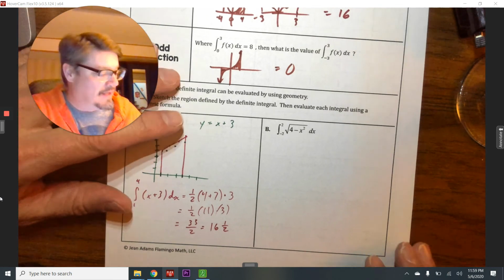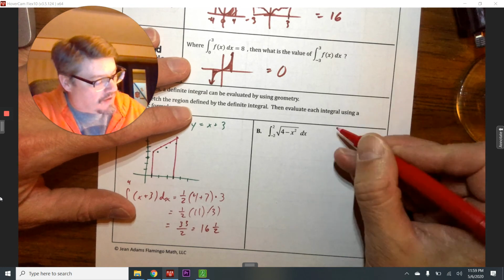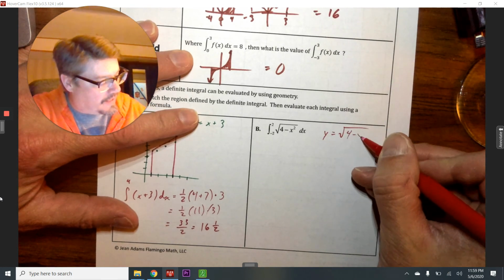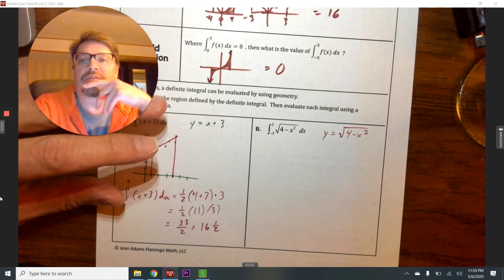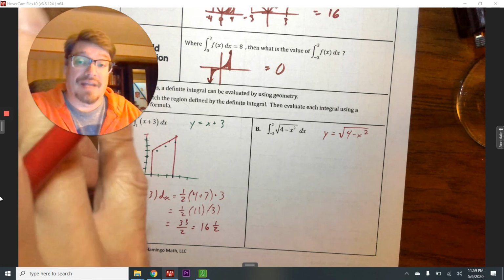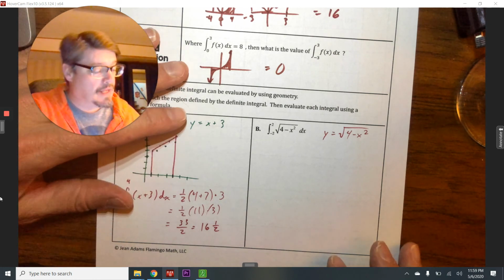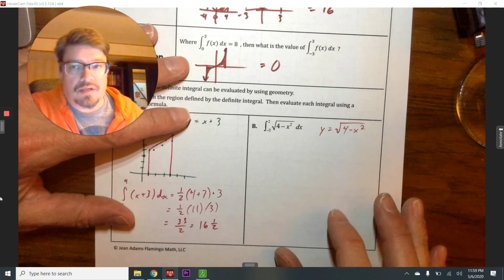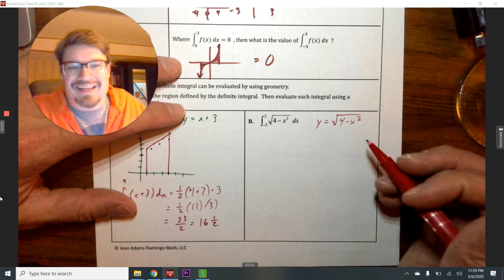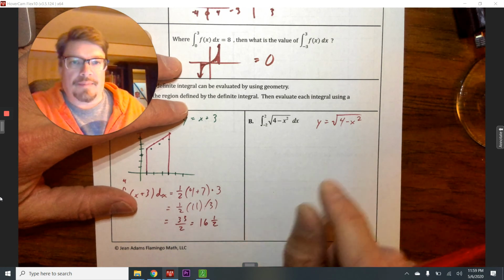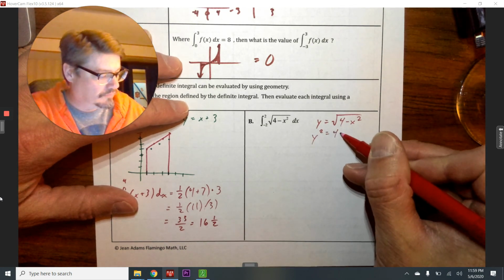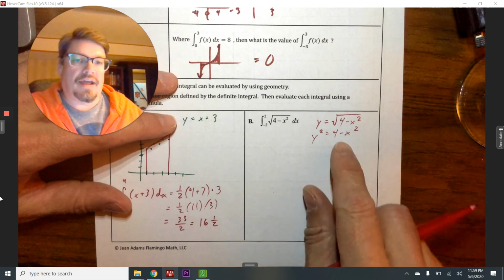Stupid mistakes. All right. So we have a function y equals radical 4 minus x squared. You can just plug it in a table and graph it, go to Desmos and see what it looks like. But I'm actually going to use algebra here. I'm going to square both sides, and when I do that, I get y squared.